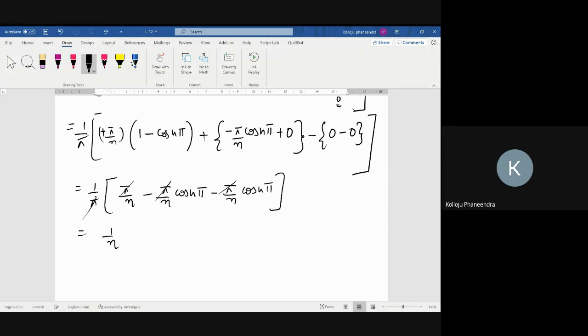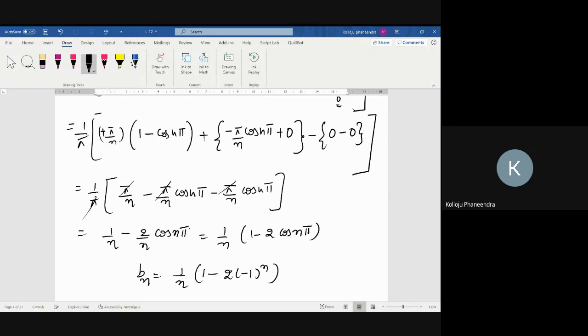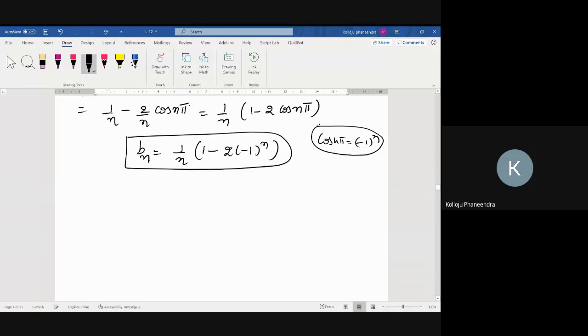So 1 by n, minus 2 by n cos n pi. Isn't it? Right? So I can write this as 1 by n into 1 minus 2 cos n pi. So bn is 1 by n into 1 minus 2 into cos n pi. This is a standard formula: cos n pi value is minus 1 whole power n. This is bn. Now substitute all the values in 1.